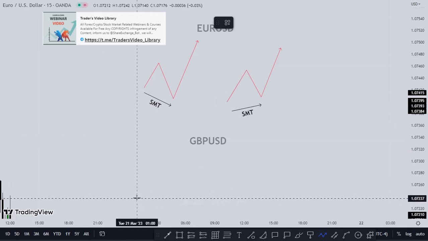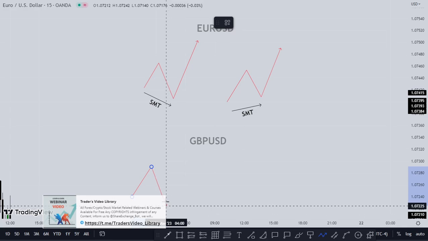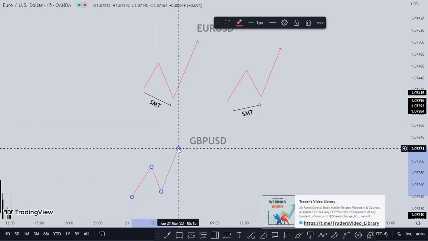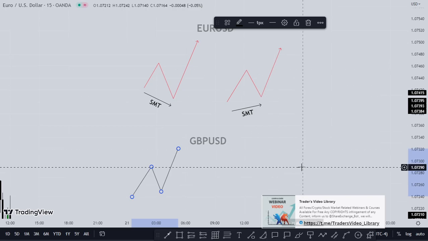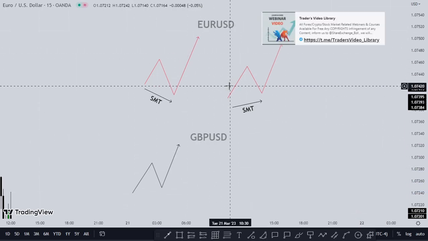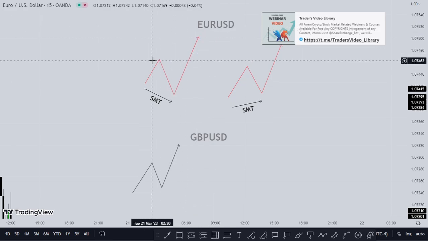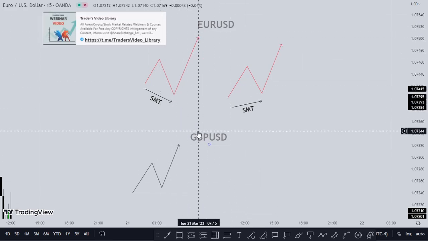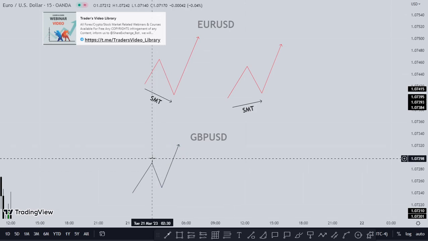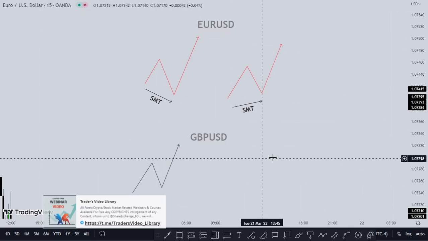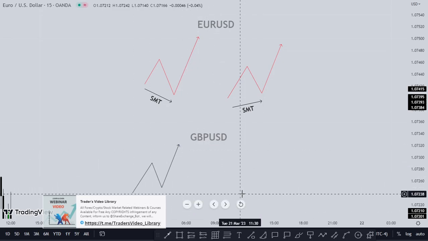So they move in tandem. So if Euro USD made the higher high, the GBP USD should make the higher high also.